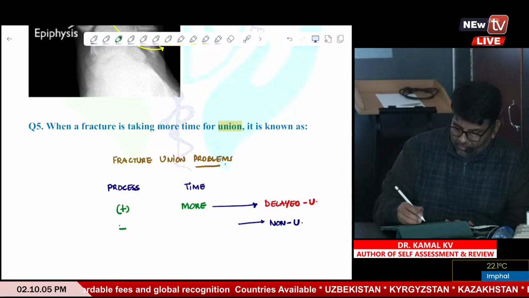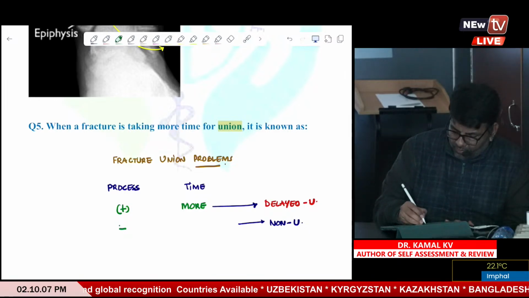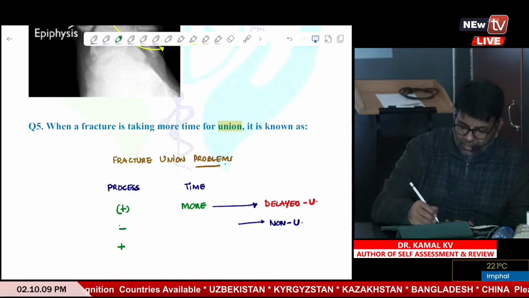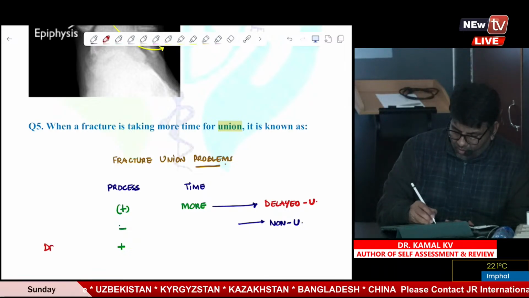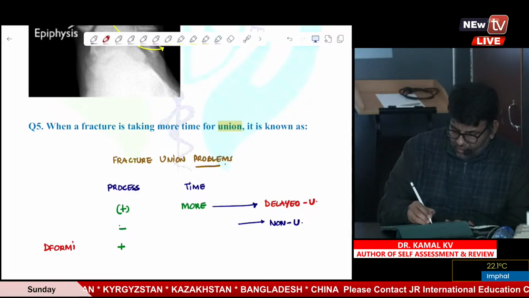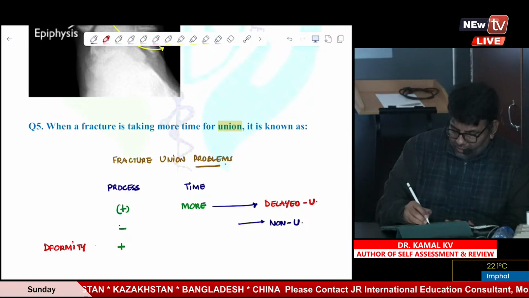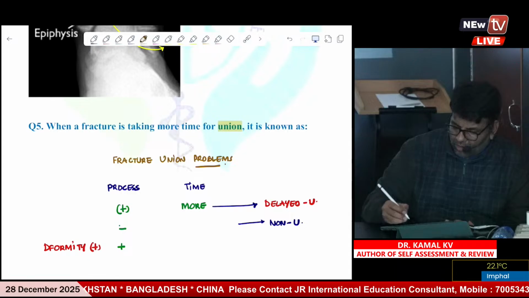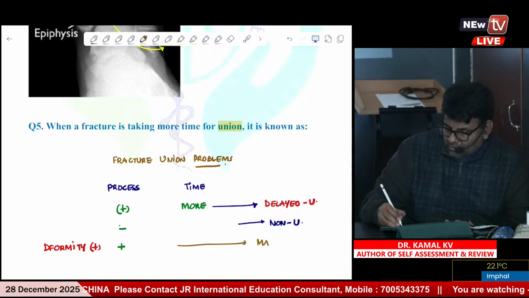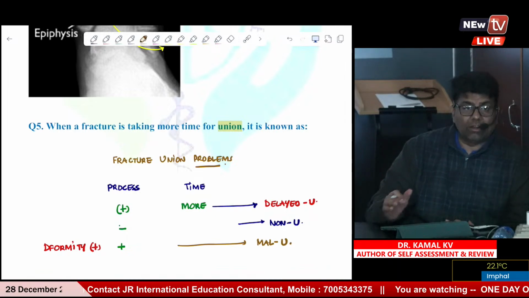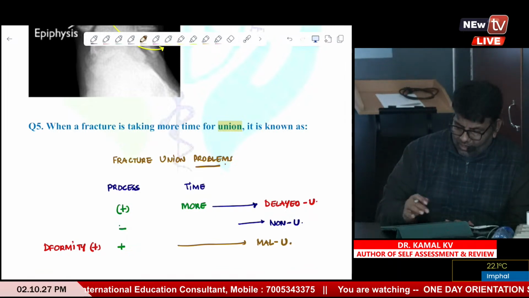Sometimes the process has been completed but in a wrong position. So if deformity is present, what will you call this? Malunion. Very good. So the bone has joined but in a wrong position, that is malunion.